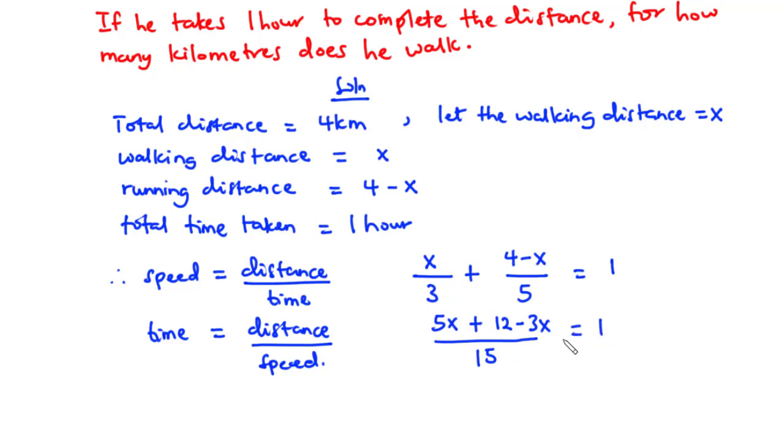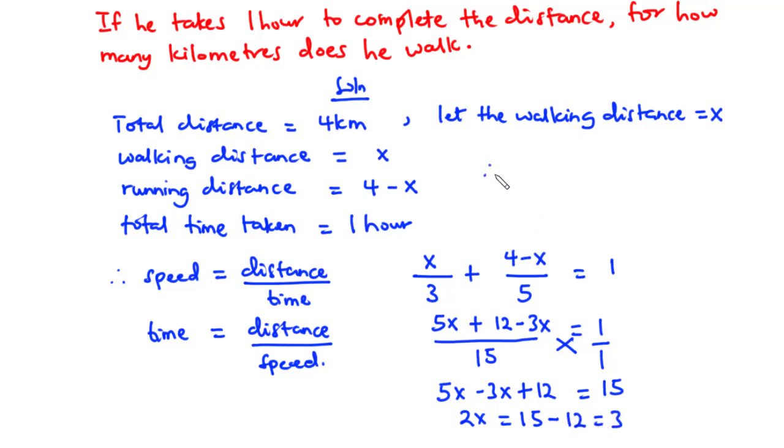Now we are going to cross multiply. So we have 5x minus 3x plus 12 equals 15. 5x minus 3x is 2x. We transpose 12 to the right hand side. We have 15 minus 12, which is 3.